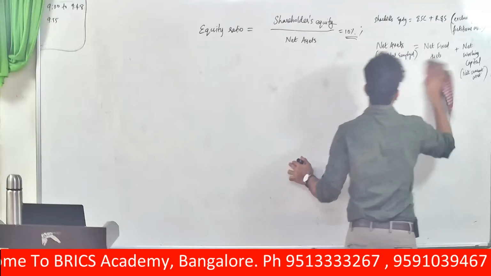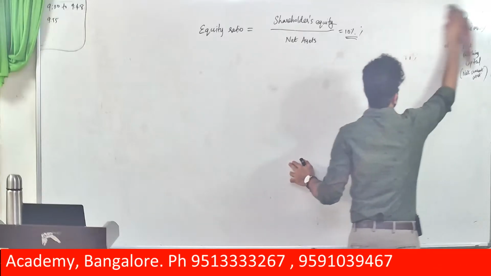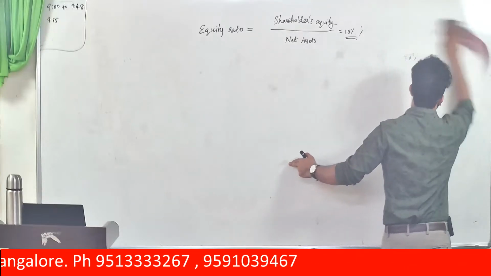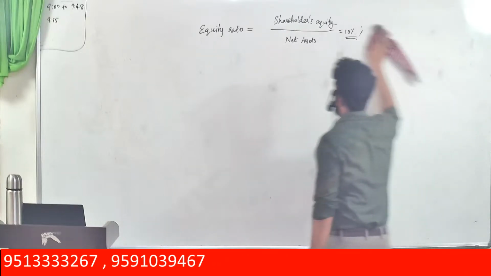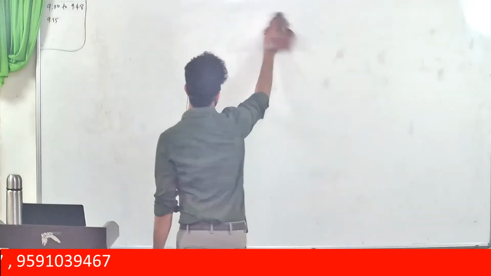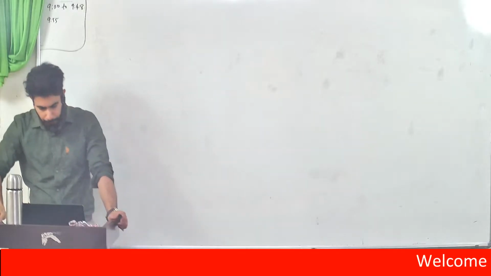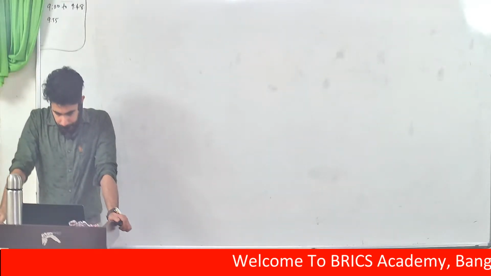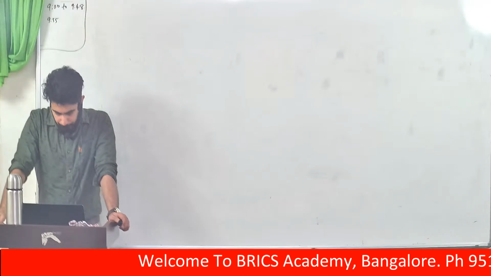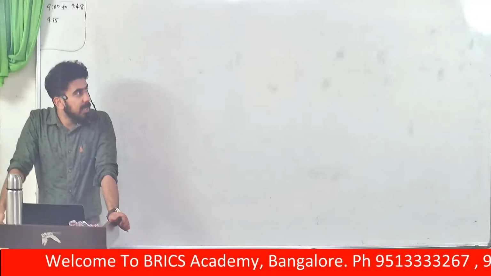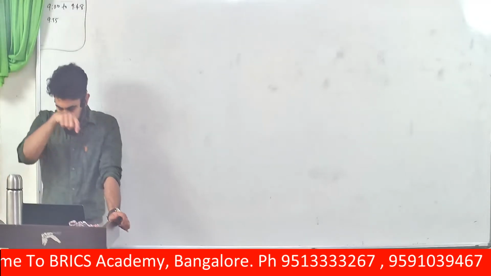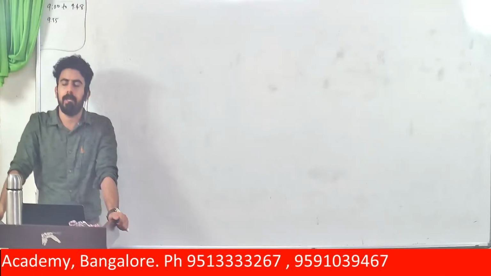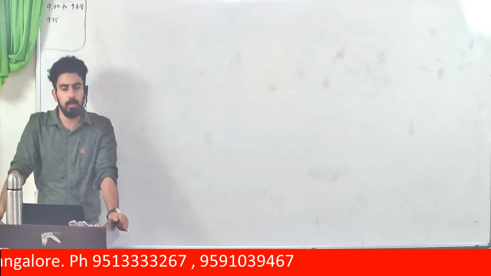Debt to equity ratio. Debt equity ratio is equal to total debt divided by shareholders' equity.